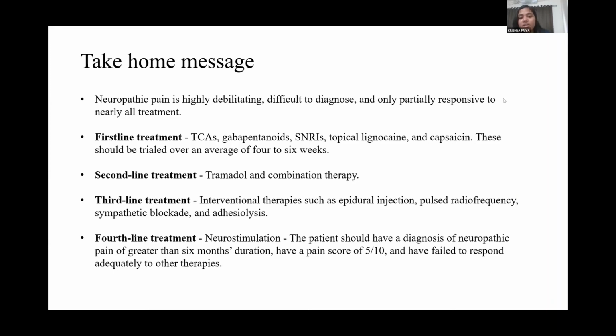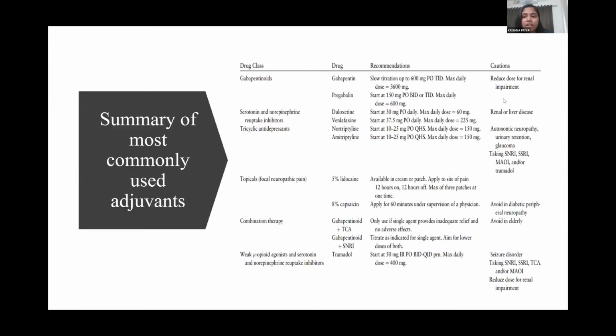And fourth-line treatment, we can go with neurostimulation, where the patient should have a diagnosis of neuropathic pain of greater than 6 months duration and have a pain score of more than 5/10 and have failed to respond adequately to other therapies. So this is the summary of some of the commonly used adjuvants, as a single agent or in combination therapy. These are the various drugs.